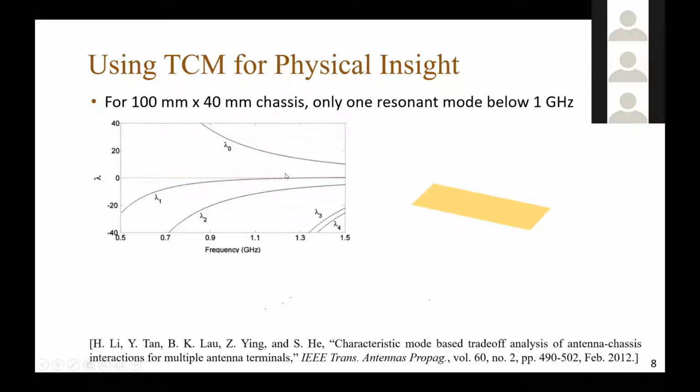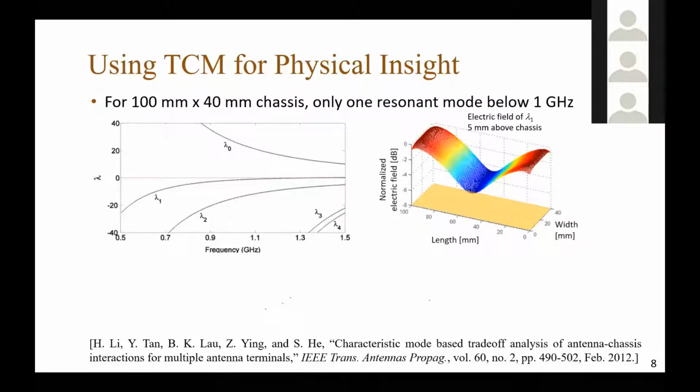In order to understand the isolation problem, let us look at the electric field 5 millimeter above the chassis. You can see that the maximum of this field is at the short ends, at the top and the bottom of the chassis. Normally when we want to put two antennas, we try to put them at maximum separation from each other, so we put them in these two locations. But often the antennas feed in an electric field sense.